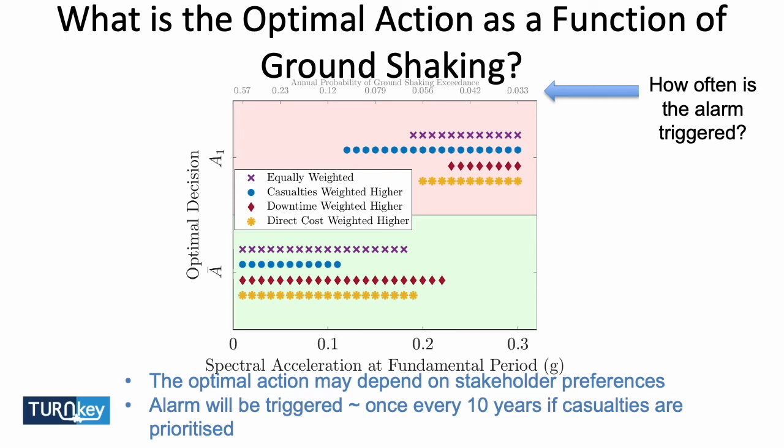So in this case, if a stakeholder prioritizes minimizing casualties, they'll end up triggering an earthquake early warning risk mitigation action at a much lower level of shaking than they would if they simply minimized downtime. So stakeholder preferences are key in this decision-making process.